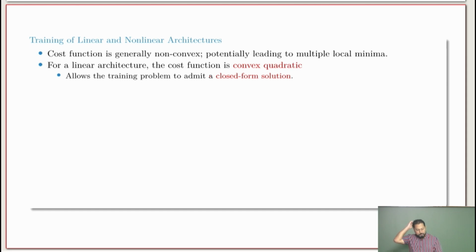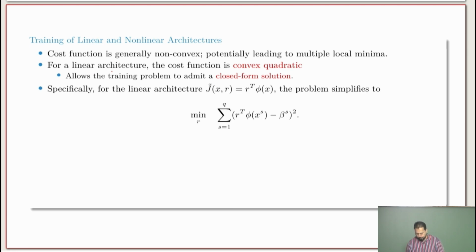Now in this linear case, we claim that there is a closed form solution. This also comes from numerical things like linear algebra you have done before. So if the linear architecture is of this form, and as I said, linear could be of the form Ax.